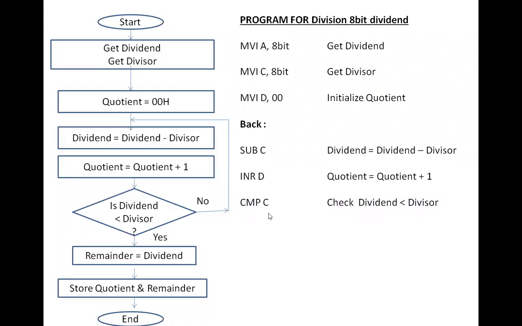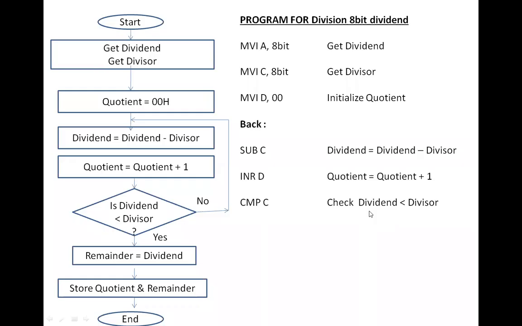So what we'll do, we will compare C. C is having the divisor and the accumulator is having the modified dividend. And we will do the process of subtracting, that is dividend is equal to dividend minus divisor, till the value of the dividend, that is the content of the accumulator, becomes less than the content of C. So we have to check whether the dividend has become less than the divisor.